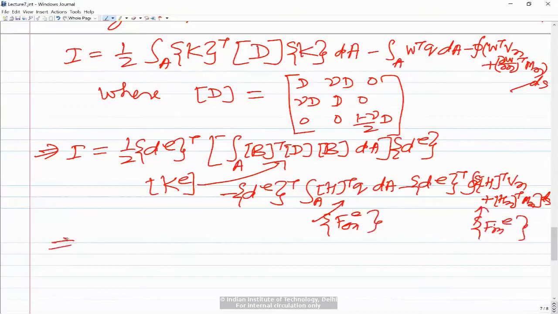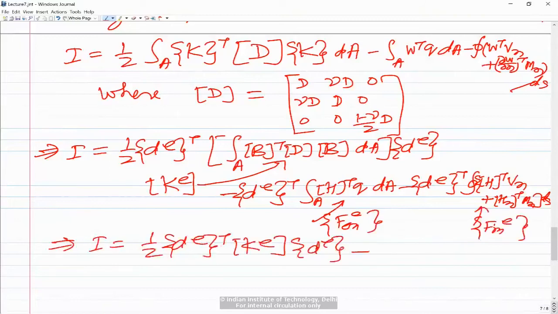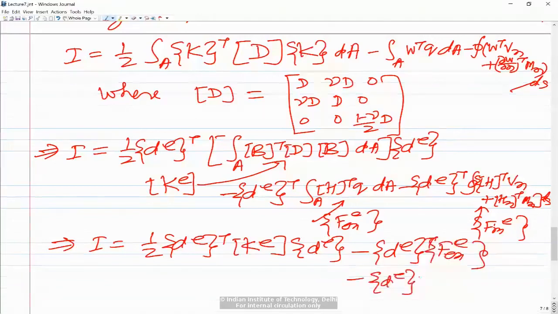So you can say that I will be half of d transpose into Ke, K is the element level stiffness matrix. d, I am using the same notation as I used for 1D, so you can understand their meaning. So d transpose into F external for the element, and minus d transpose into F internal for the element.